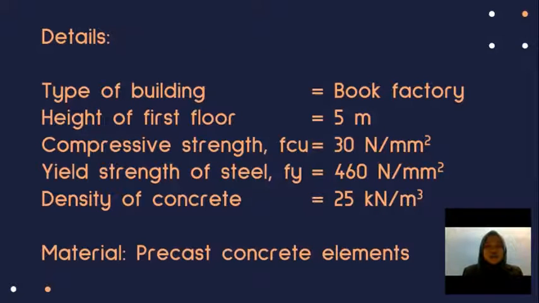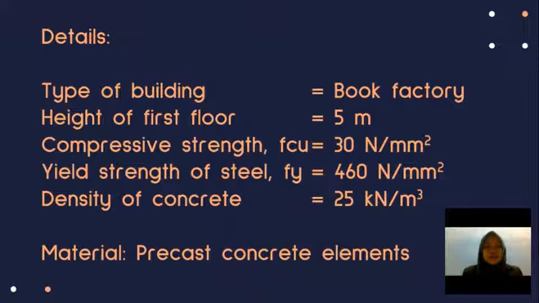These are the details that were taken into account in designing the building. The type of building is book factory and the height of the floor to be designed is 5 meter. The compressive strength value used is 30 Newton per millimeter square, and the yield strength of steel used is 460 Newton per millimeter square.